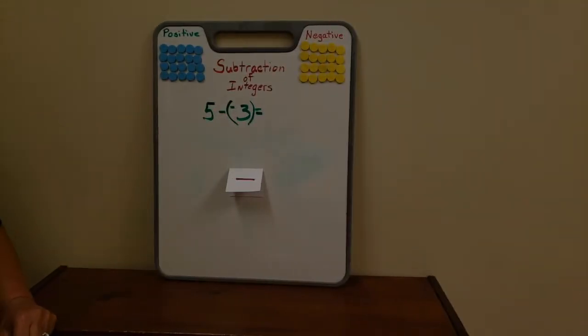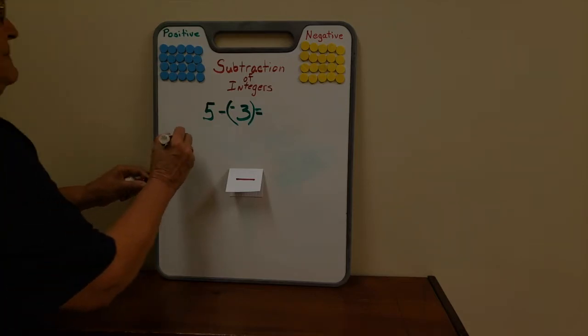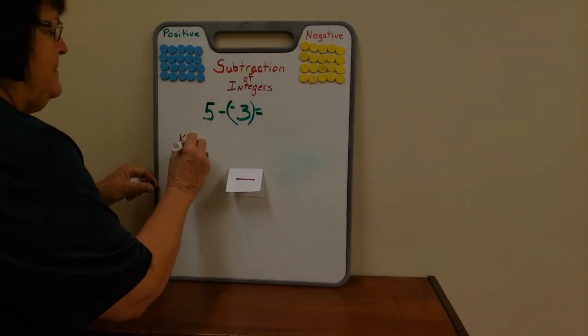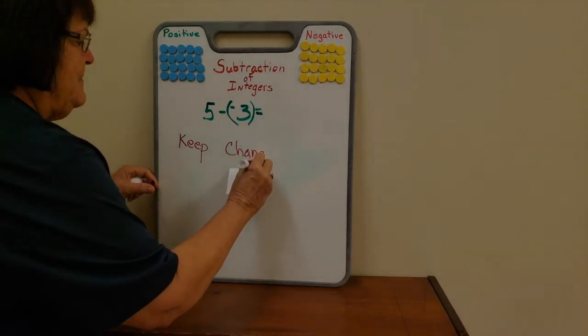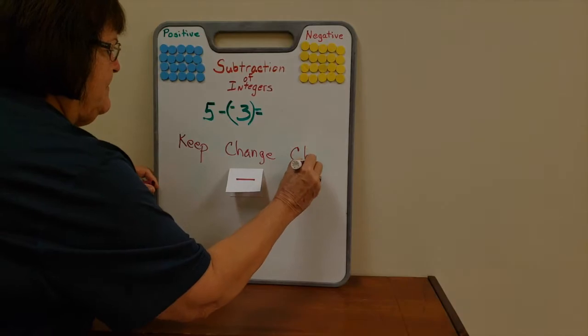All right, now we're going to talk about subtraction of integers. It's a little different in that there is a shortcut to learning what to do with subtraction. We use the term keep, change, change.